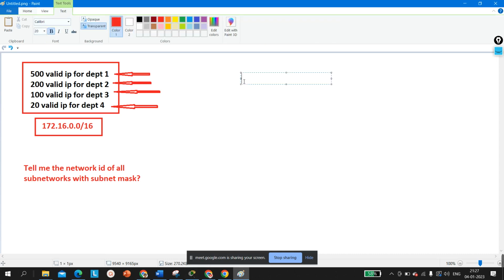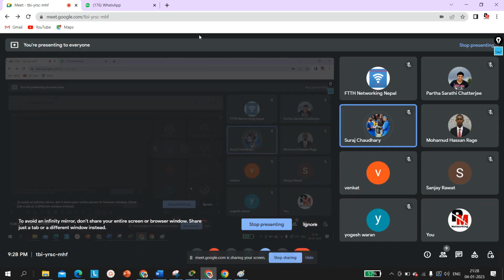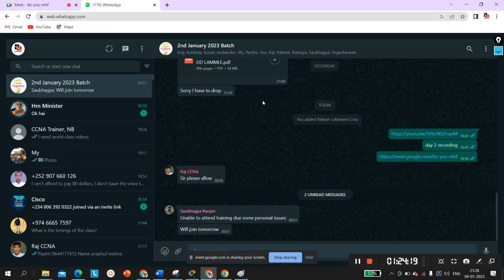See here, suppose 10.10.10.0 is the network ID with slash 8 for department 1, like this. In the same way for department 2, 3, 4. Okay, Kuldeep? Okay, I'm sharing.